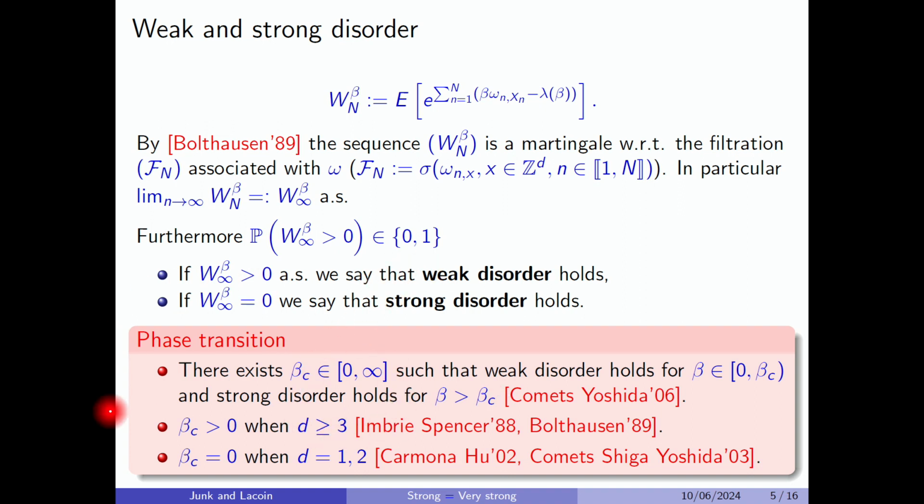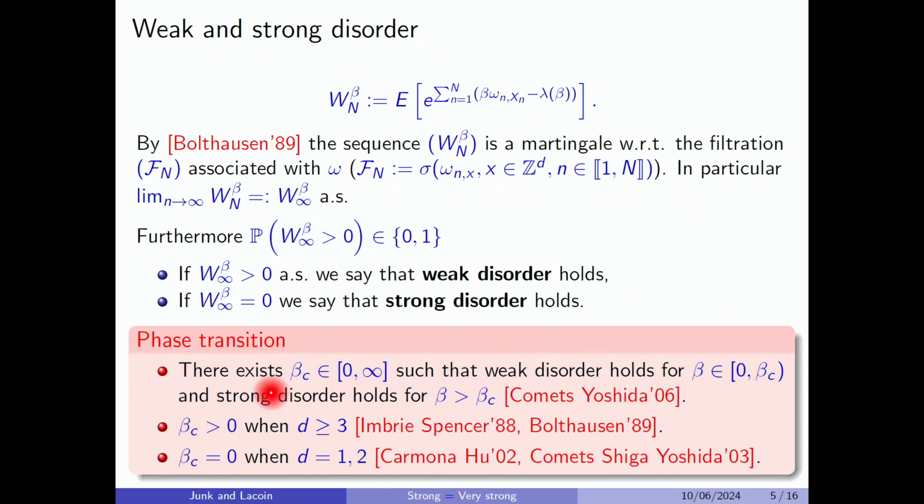Okay, and what has been proved is that in fact there is a phase transition in beta. There is a beta C that separates a weak disorder phase from a strong disorder phase. When beta is strictly smaller than beta C, you have weak disorder, and when beta is strictly larger than beta C, you have strong disorder. This was proved by Comets and Yoshida in 2006.